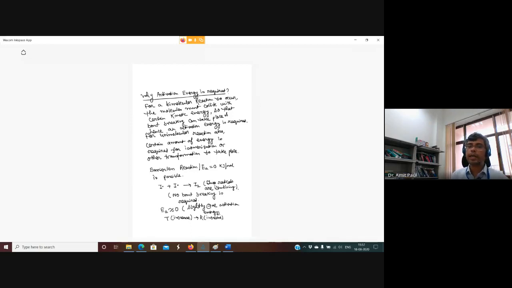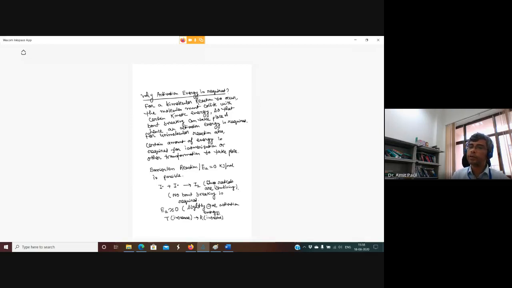We also highlighted why activation energy is required: because we need to overcome a barrier, and this barrier comes because of one simple, very important comment, that chemistry is mostly about bond breaking or bond making processes. So for this reason, we require an activation barrier.